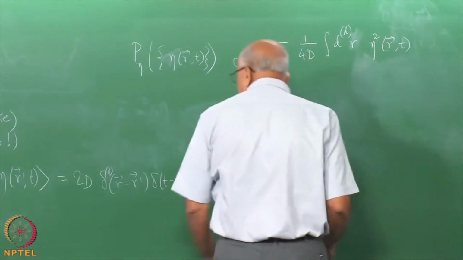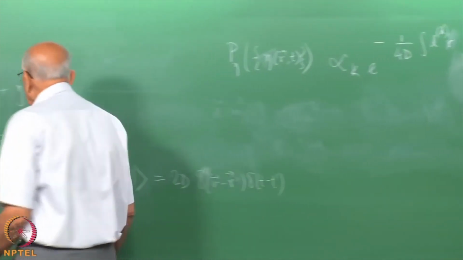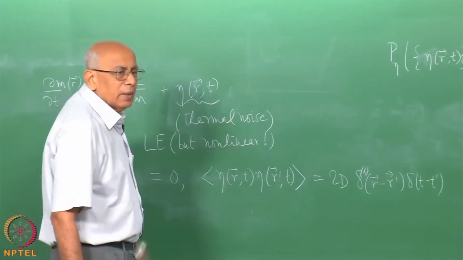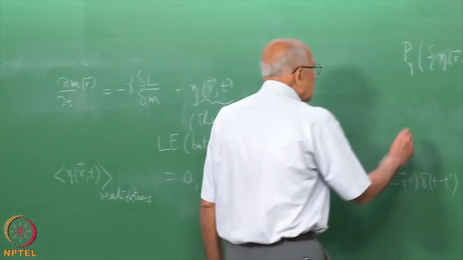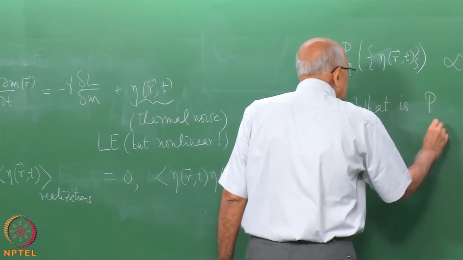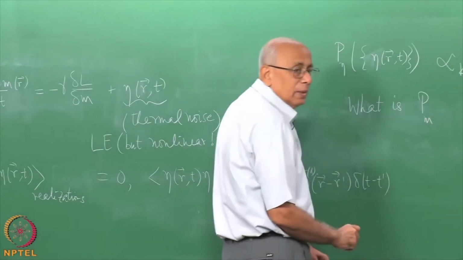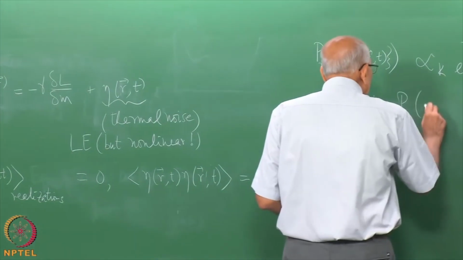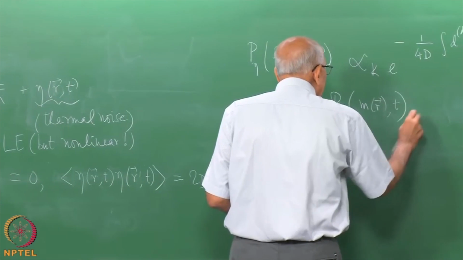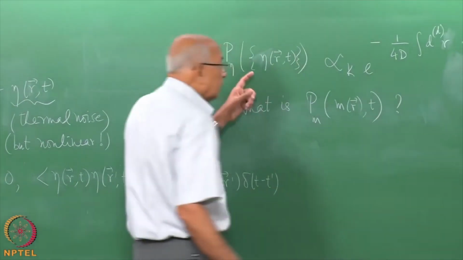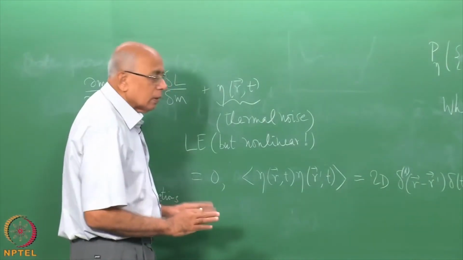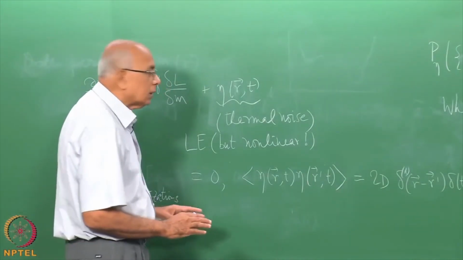Then not surprisingly one can actually write down a corresponding Fokker-Planck equation, because we need to know what is the probability distribution of m, what is the probability distribution of the configurations m of r at any time t given this. So, it is exactly the same question as what we solved in the case of the ordinary Langevin equation.